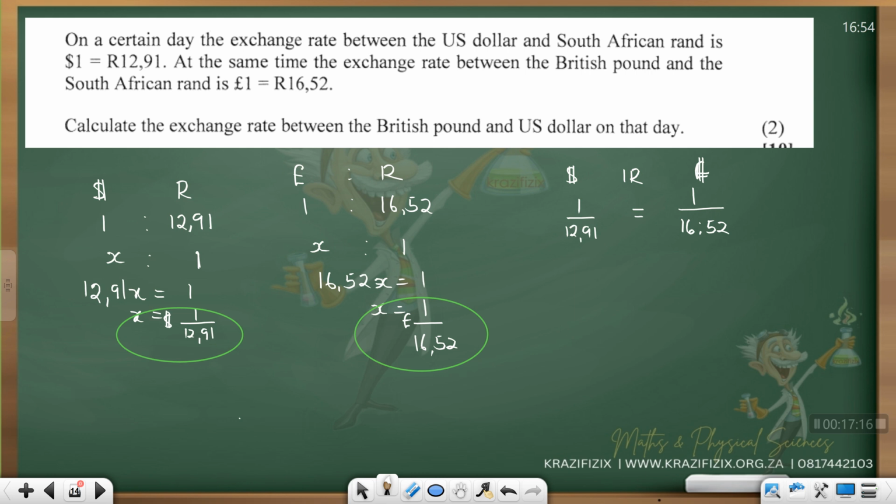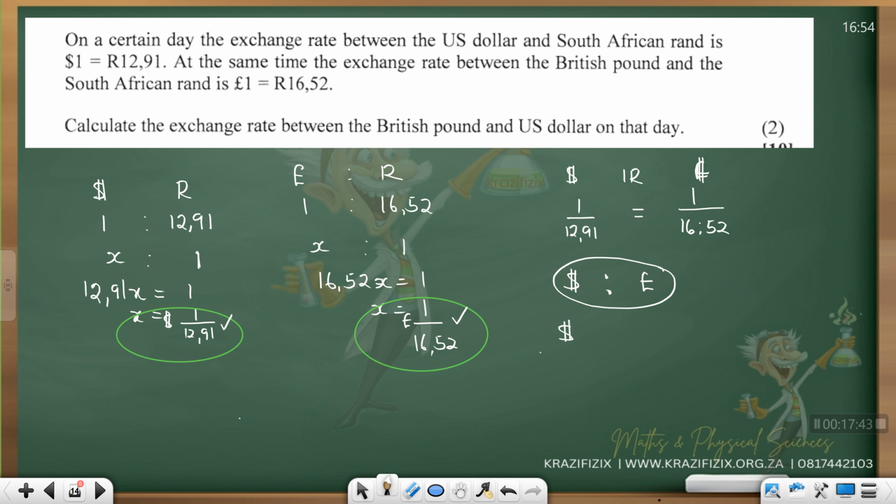What should I do? So I try to give you a sense by saying, check this. How much is 1 Rand in terms of dollars? I hope this makes sense. How much is 1 Rand in terms of pounds? This makes sense. Now I am looking for dollar to pounds. This simply means we can divide.